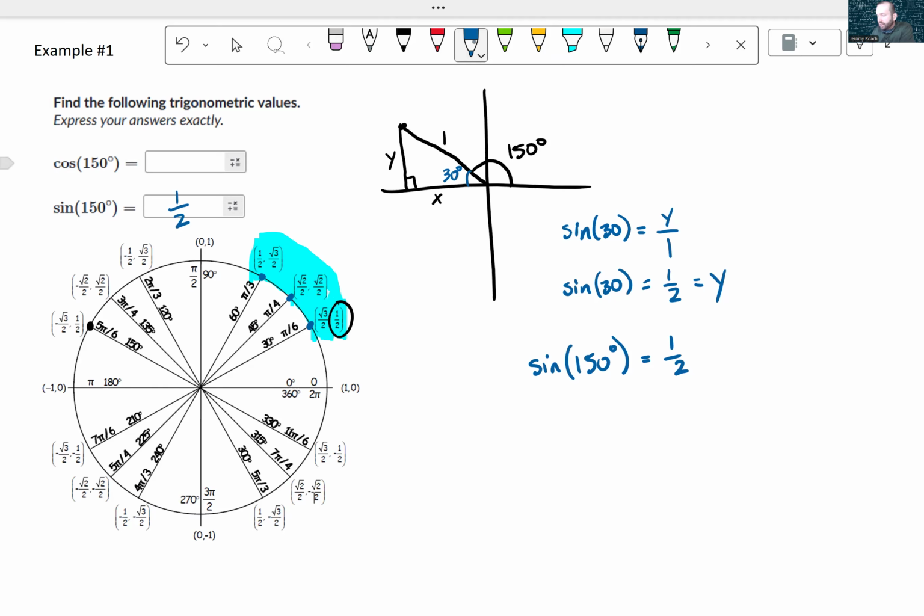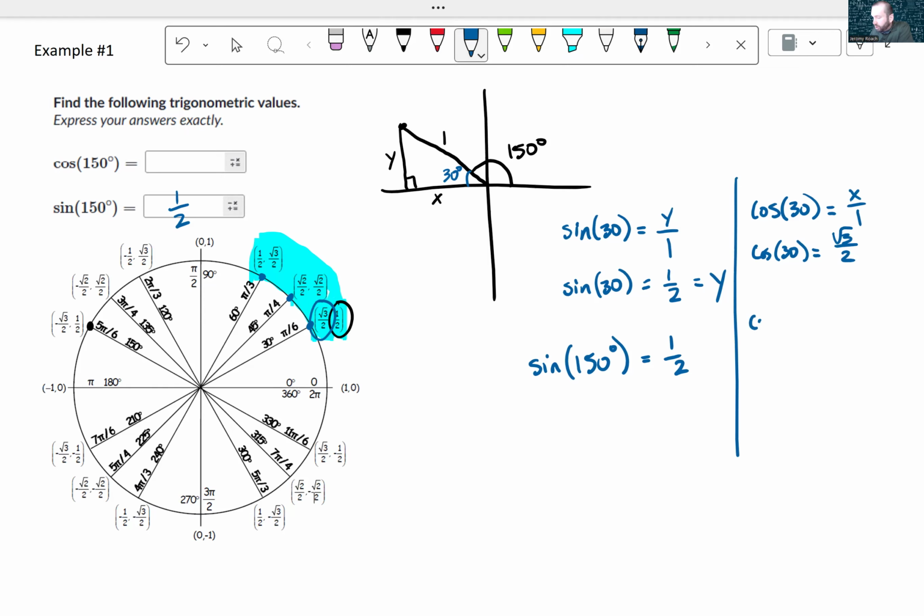Now, if we wanted to check cosine, cosine of 30 is equal to adjacent over hypotenuse, or x over 1. So cosine of 30 is equal to, we're going to look at cosine now. That's root 3 over 2.